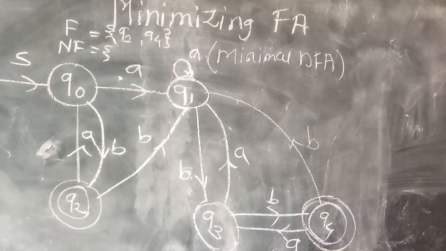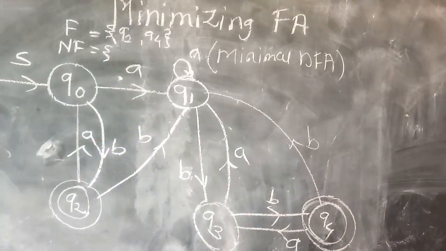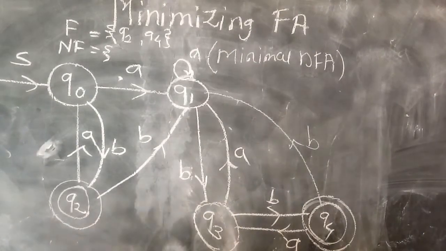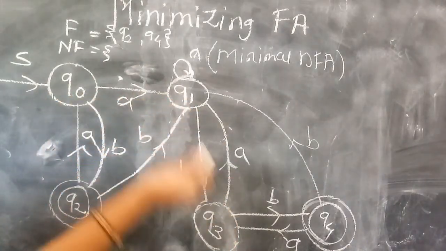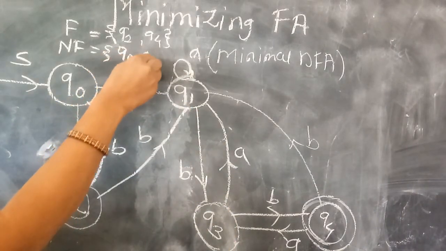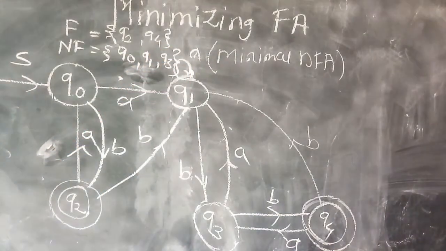Now, which are the non-finals? The states having a single circle, that is Q0, Q1, Q3, come into the non-final set. So list out Q0, Q1, Q3. The first step is to list out the sets of finals and non-finals.